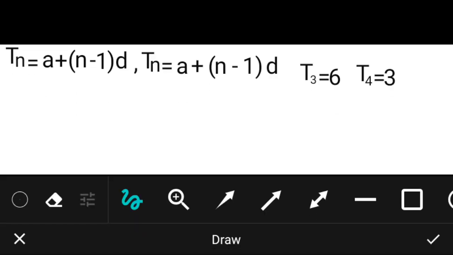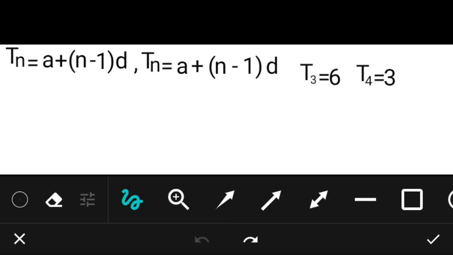Here, where you have Tn, that's where we are going to put this 6, because this T stands for the terms, and the small letter n represents the number. So together, number of terms.